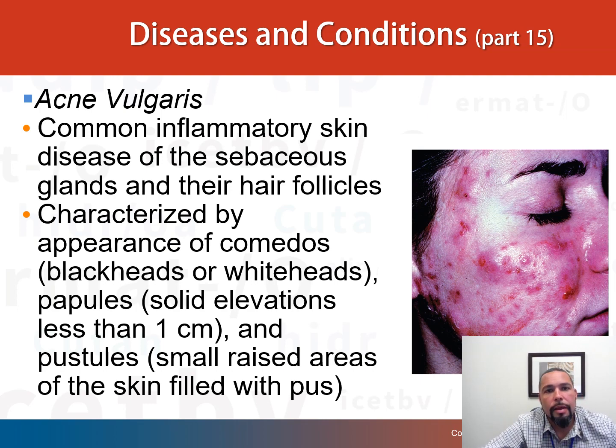It's characterized by the appearance of comedones, aka blackheads or whiteheads. It will also be characterized by papules and pustules, small raised areas of the skin filled with pus. You want to pop them out, but that's what those are.